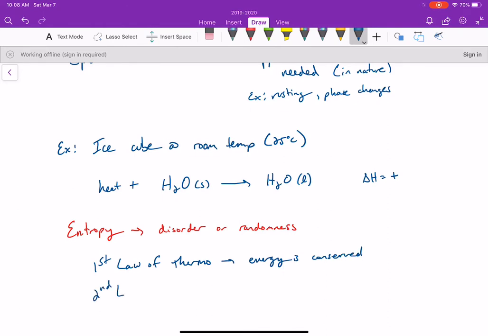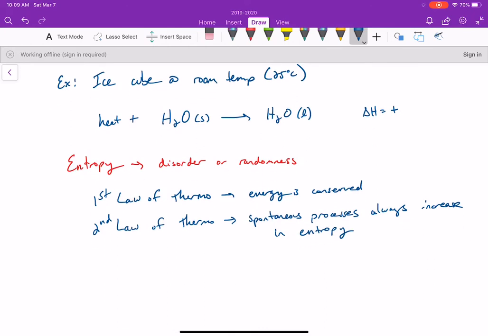Second law of thermo says that for spontaneous processes, always increase in entropy. Okay? Spontaneous processes always increase in entropy overall, like in total, of the universe, we'll say.